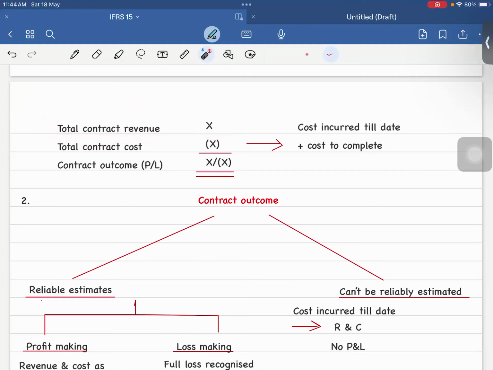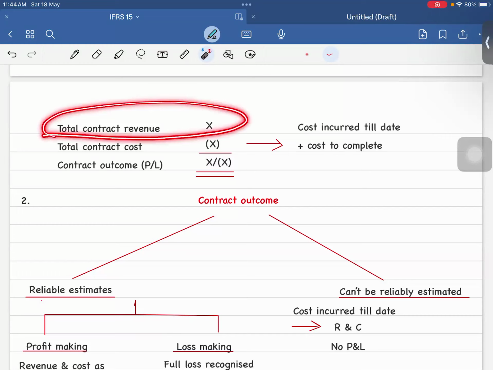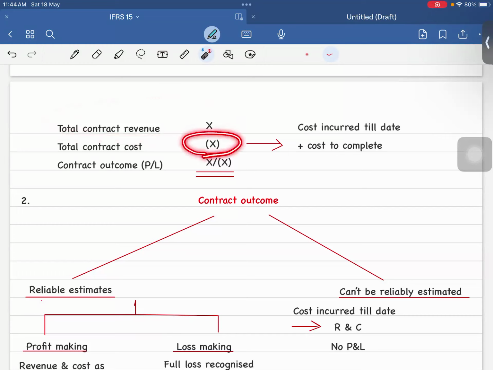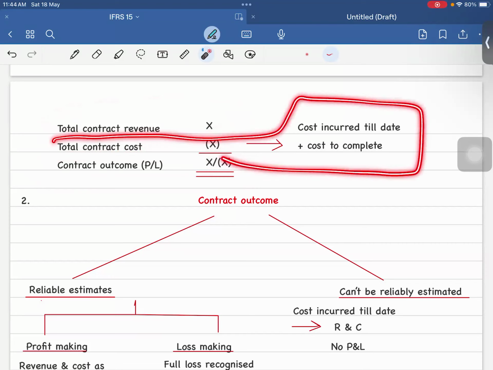And as in any case, you deduct the cost and then find the contract outcome, that is, the profit or loss from the contract. So you take the total contract revenue that has been agreed upon, deduct the contract cost that you have incurred, and then you reach the contract outcome. Now, when I say contract cost, it is going to be the cost incurred till date.